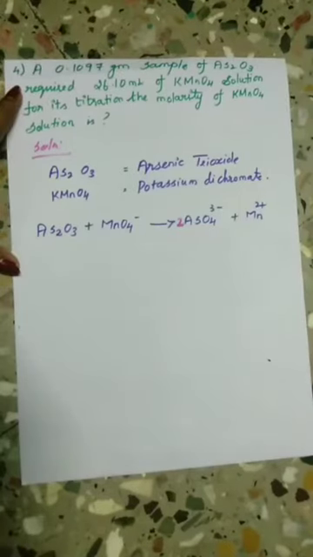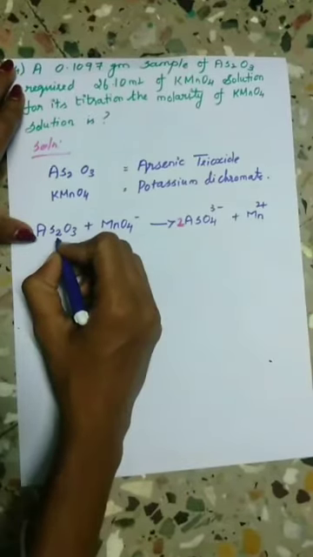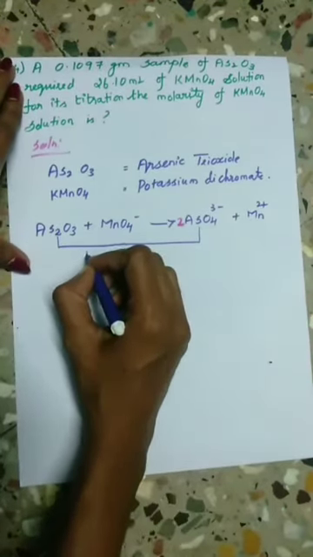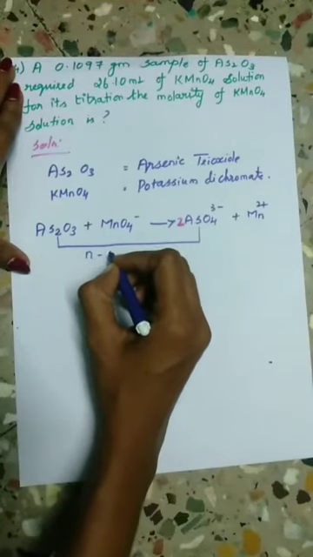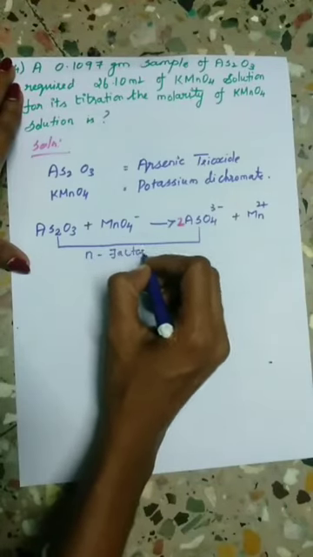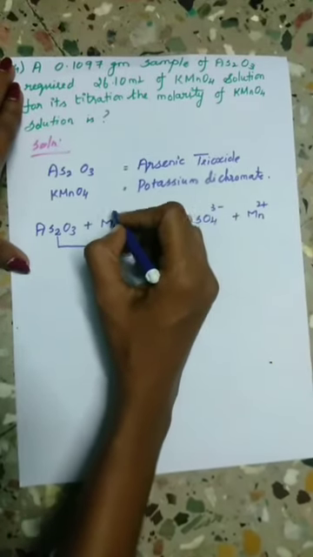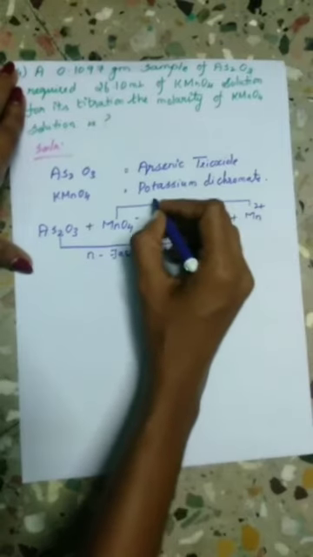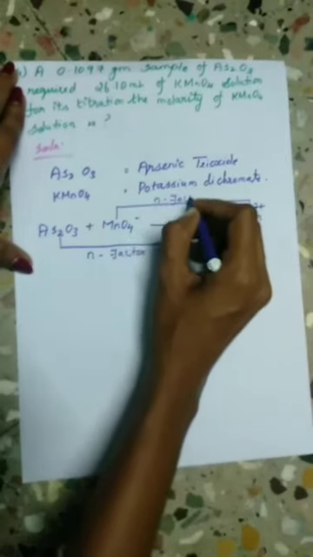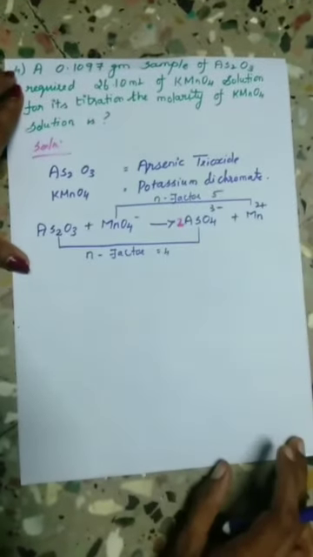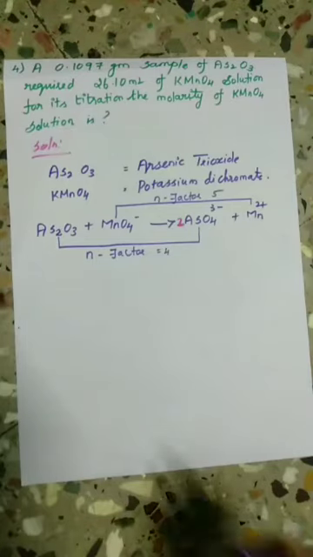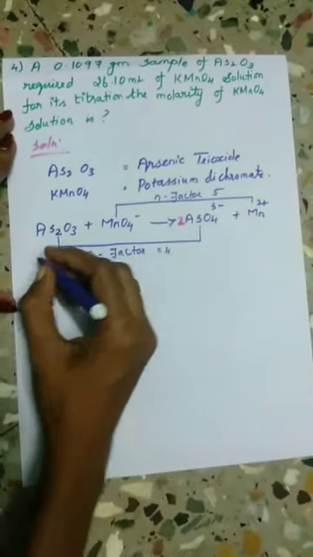Manganese is also the same. Now we have to see the n-factor. For this the n-factor is 4, and for this the n-factor is 5. Okay, so let the molarity of the KMnO4 solution be M.